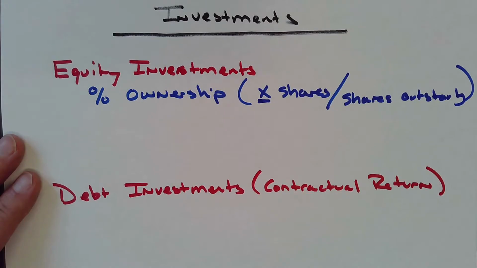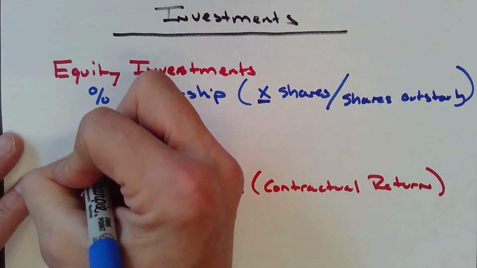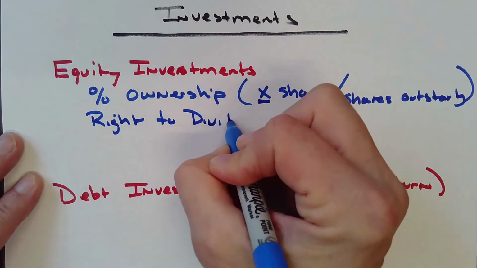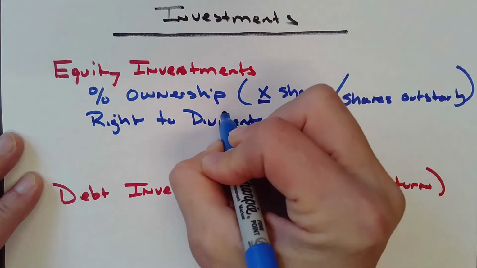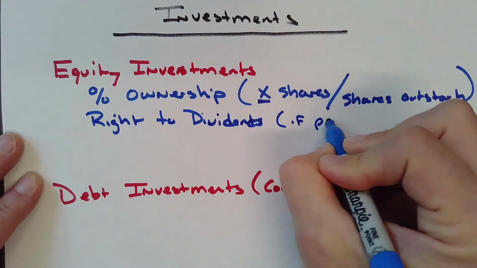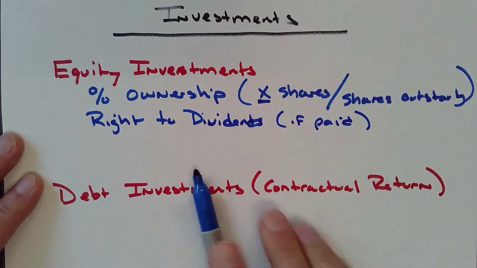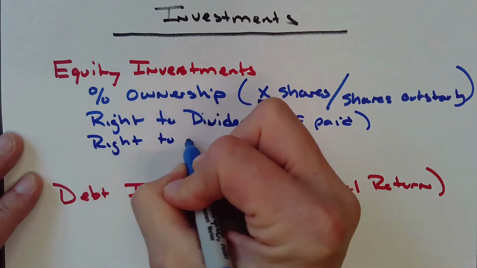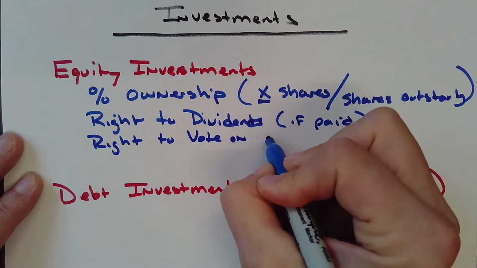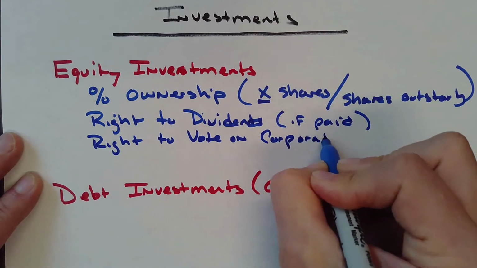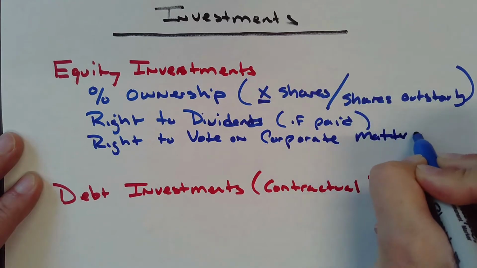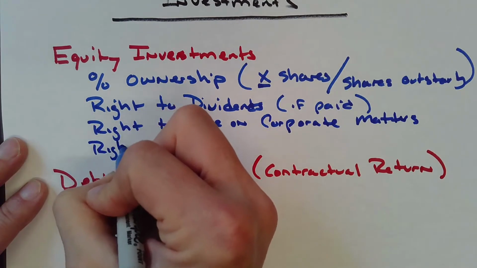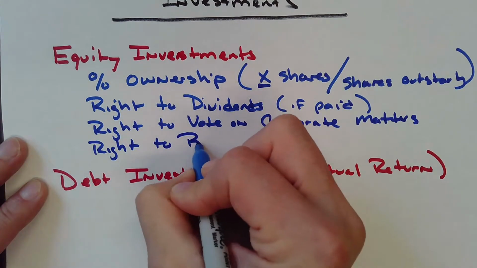I may have the rights to dividends, if paid, right? I might have the right to vote. If I own enough shares, I may also have the right to a board seat.